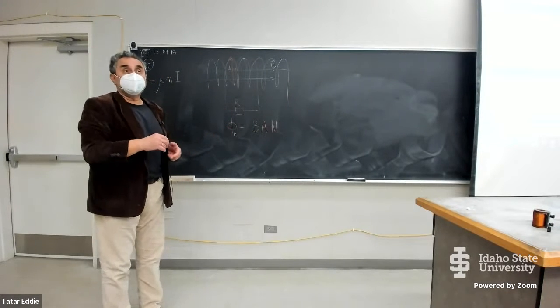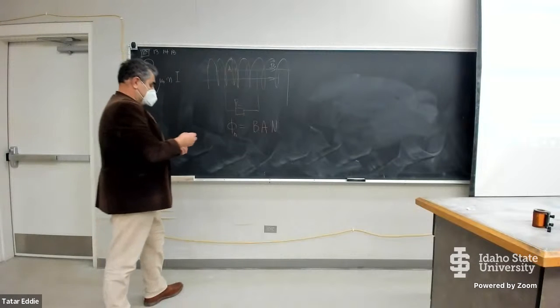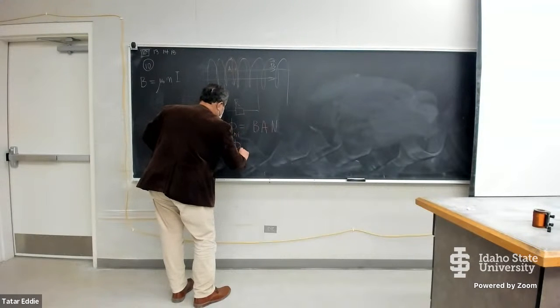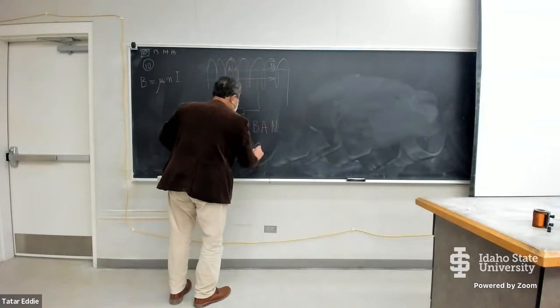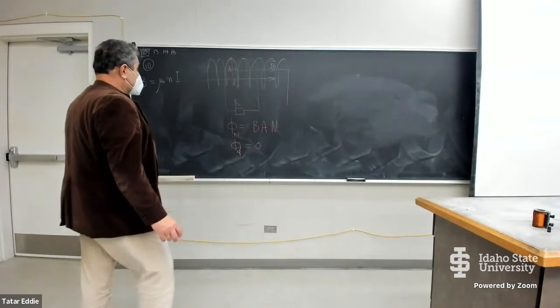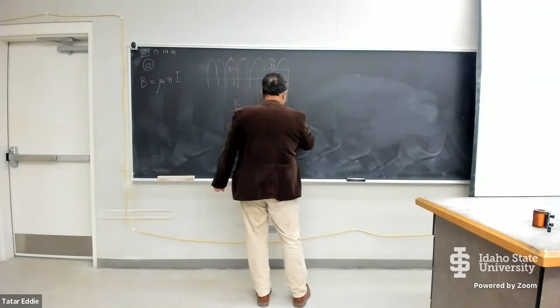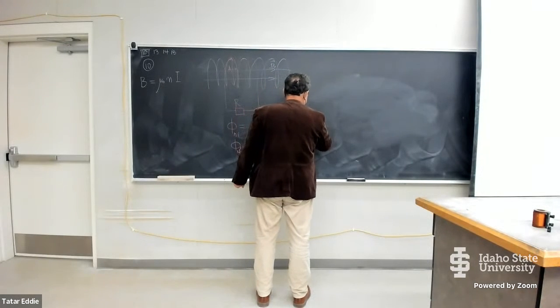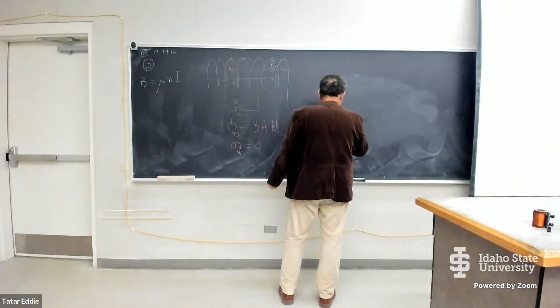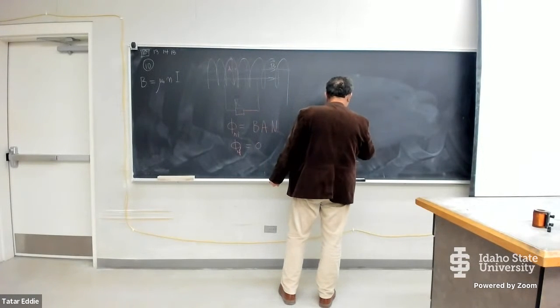You turn off the current, so this is magnetic field initial, magnetic field final becomes 0 because current disappears. In other words, the change of magnetic flux is the difference of final minus initial magnetic flux.